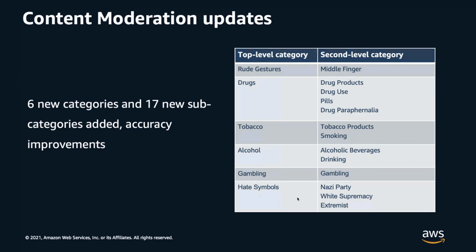So this is based on customer input. We are continuously updating these models. And as a result of this, now we have the broadest and deepest set of moderation labels across most cloud products today, with 10 categories and 35 subcategories. So you have a lot of flexibility as a customer to try out different tools and have a lot of coverage for different countries.